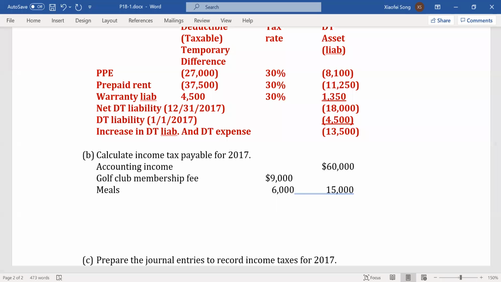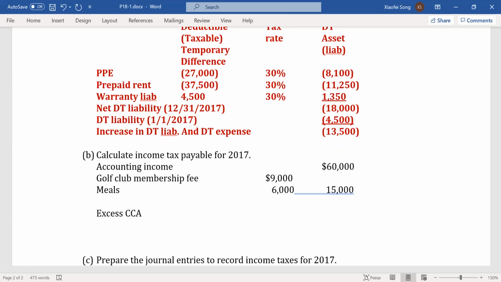The first one is PPE, so CCA. Okay, so for the adjustment, you can just adjust for the difference, or we can determine the depreciation of the year.